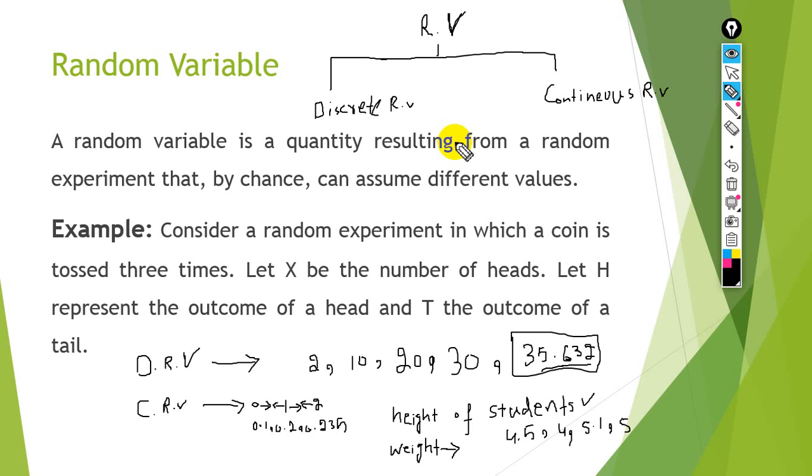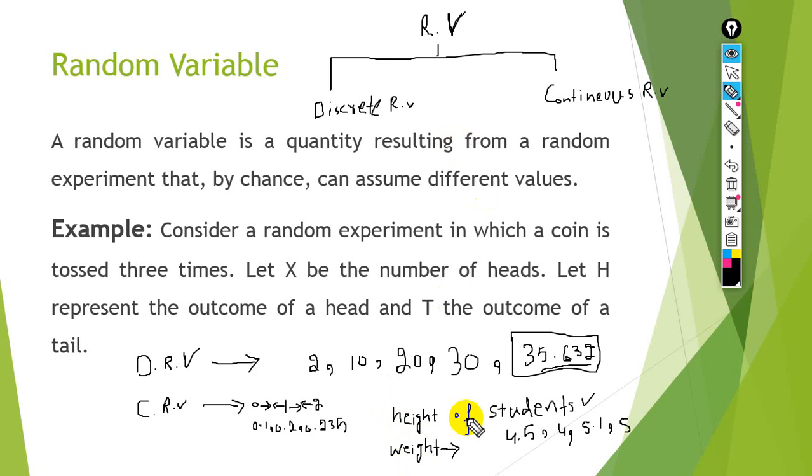So we cannot say that 2.5 times tails or 2.5 times head, so it is incorrect. So tossing a coin will result in a discrete variable. For example, rolling a dice will result in a discrete variable, not a continuous variable. Okay, so continuous variable, I have told you, here we have height, weight.